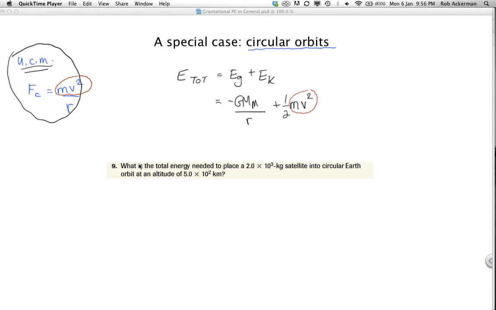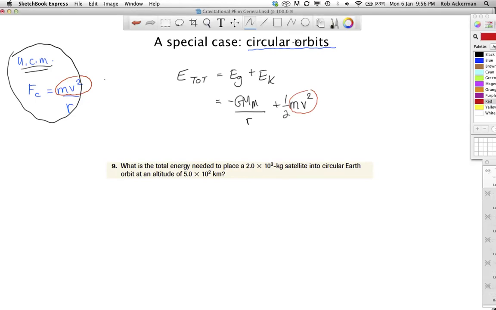Okay, so here's what we are going to do. We are going to take the circular motion force formula, which of course is mv squared over r, and we're going to realize that if we are in a circular orbit, for example, around a planet of mass M, then we can write the following.